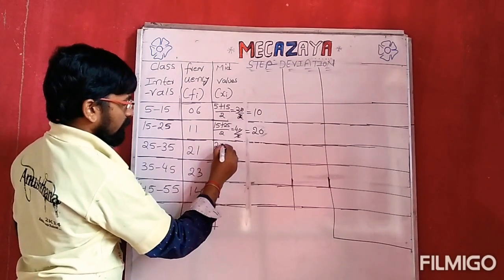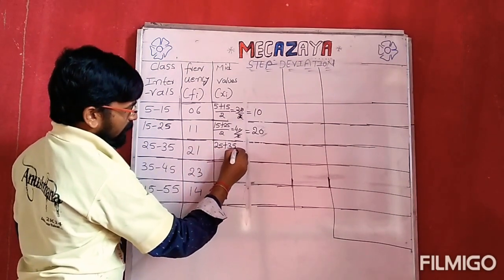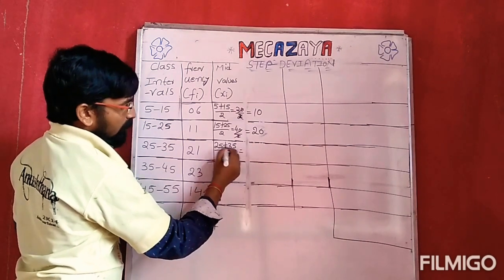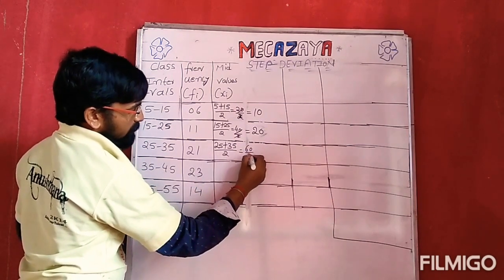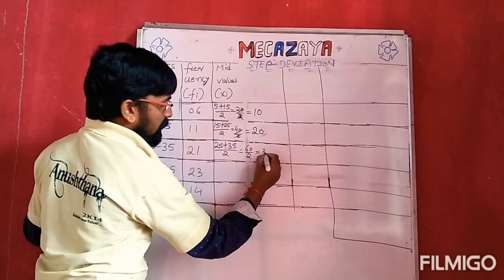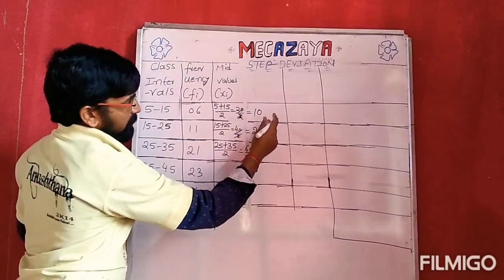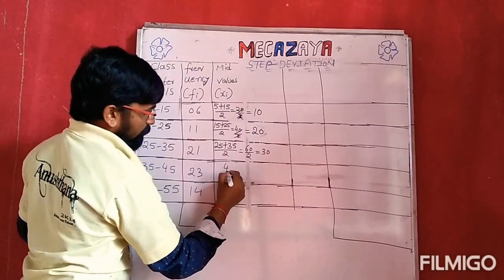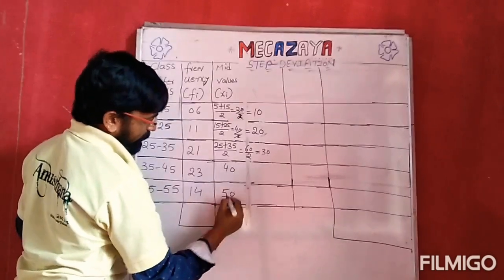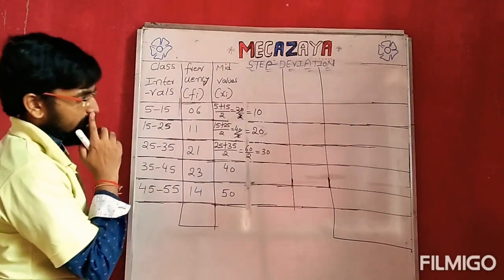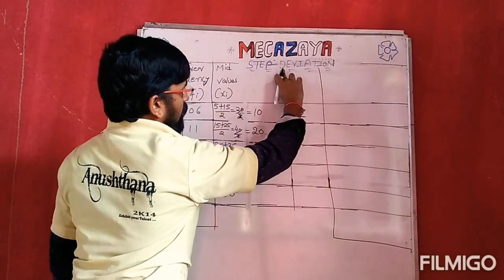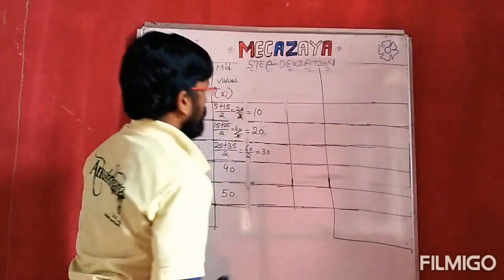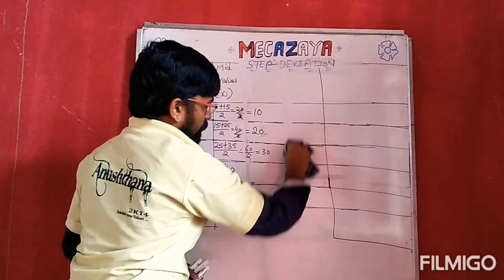Next, 25 plus 35 by 2: 60 by 2 is 30. Then 20, 30 you can write here. And 40 and 50 I am writing directly with values.